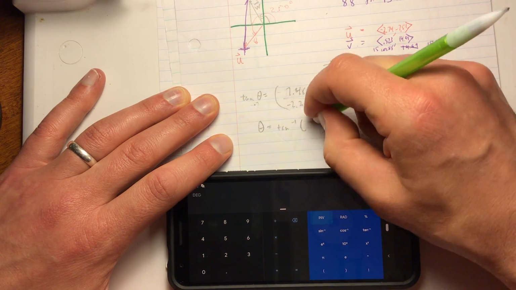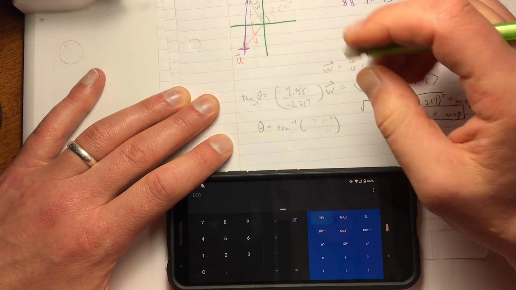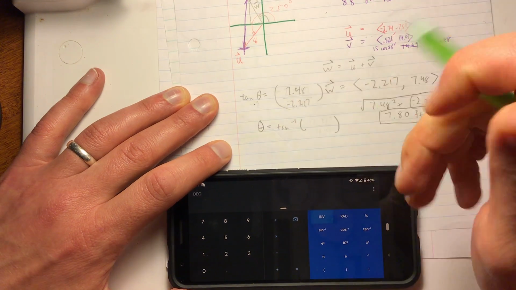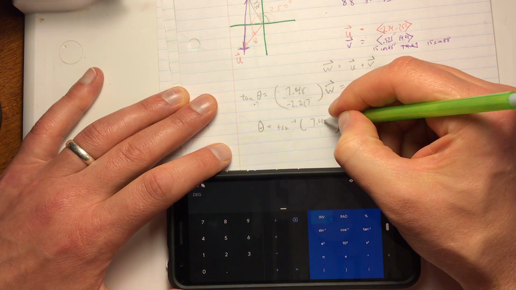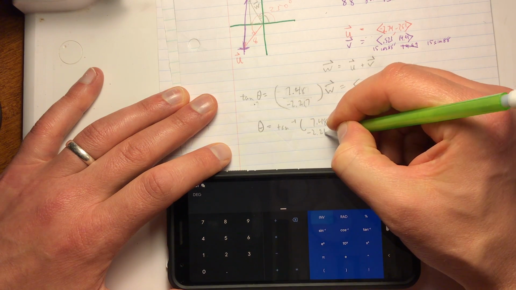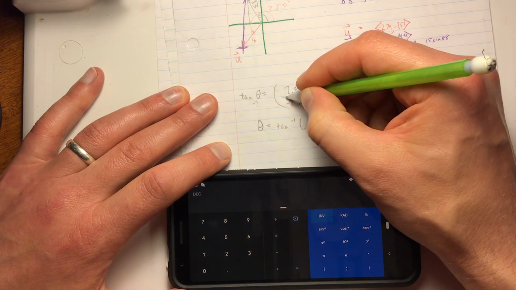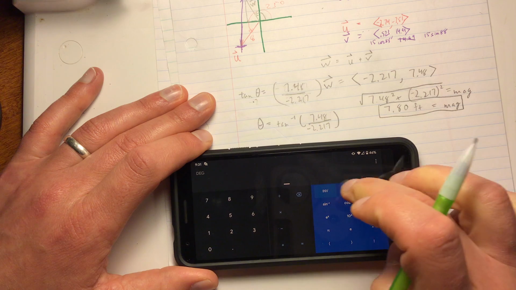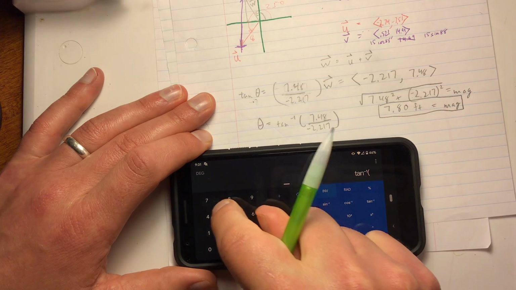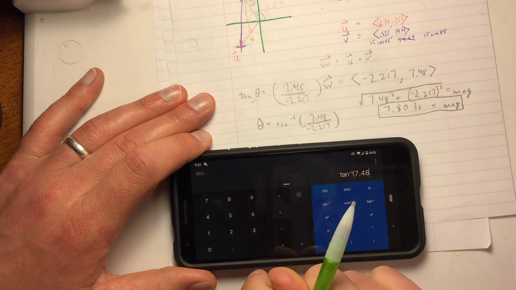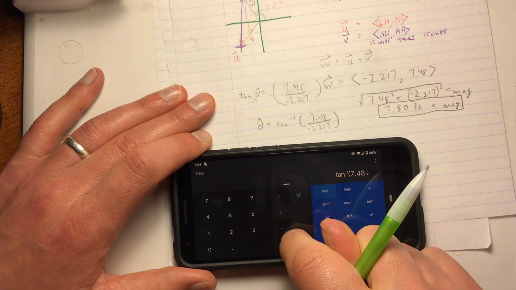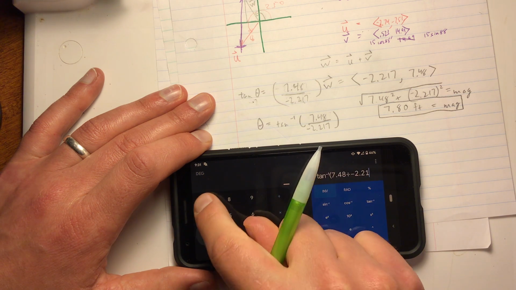My apologies. Arctangent of 7.48 divided by negative 2.217.